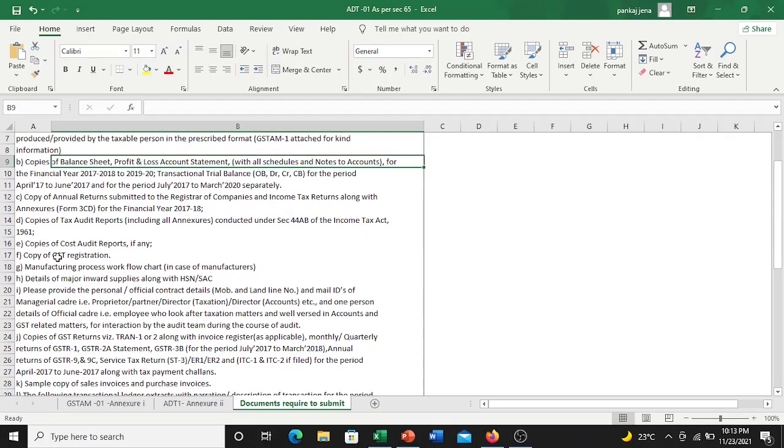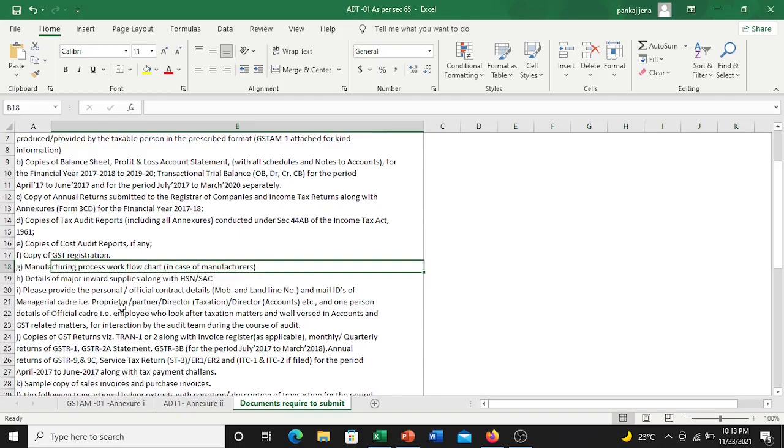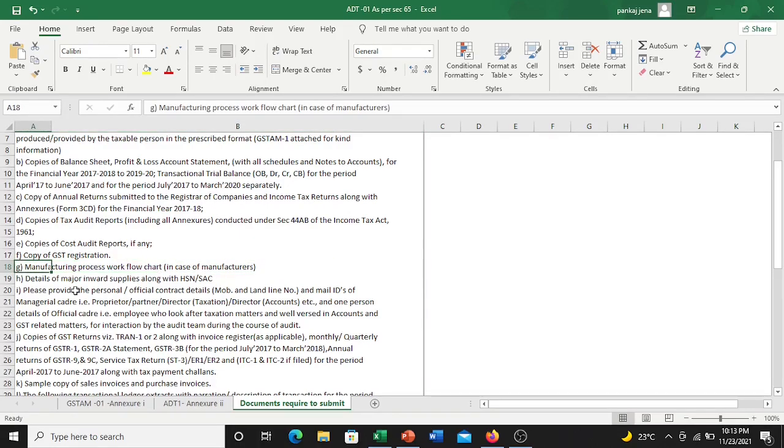Then you have to provide a copy of your GST registration, and the cost audit report if any, then you have to provide that detail as well. Manufacturing process, we are not in the manufacturing sector, but yes, if your company deals with manufacturing, then you have to provide the manufacturing data as well, like the workflow, how things work in the manufacturing industry.